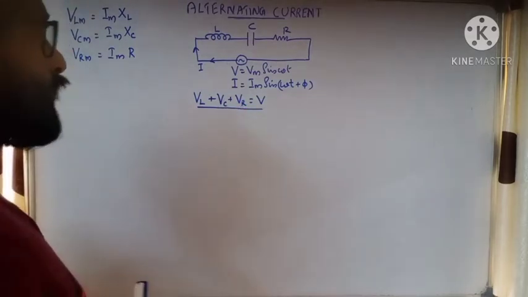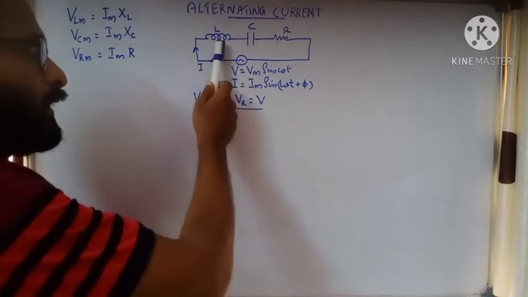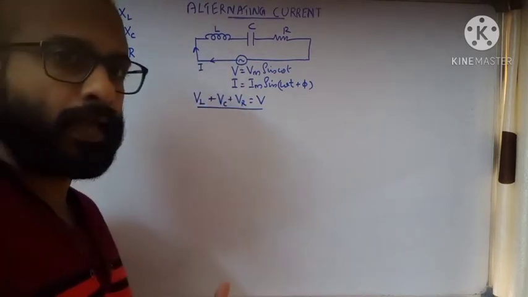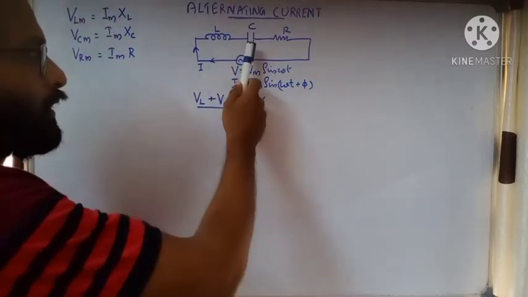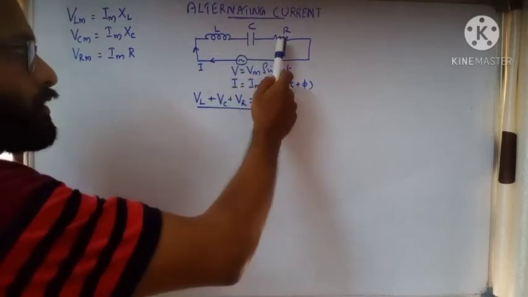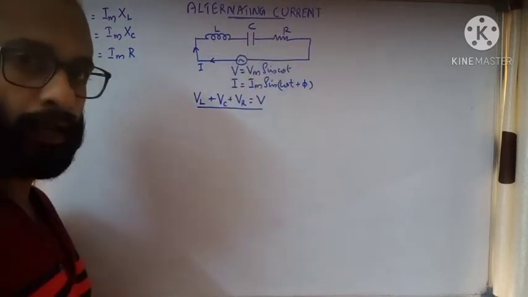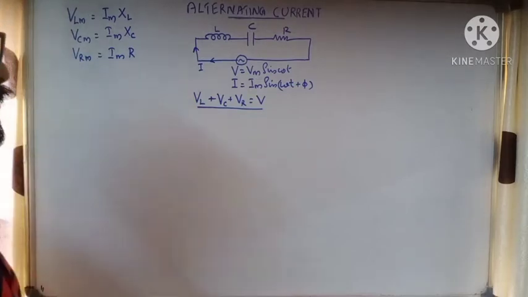Now we see the phase relationship. When alternating current is flowing through an inductor, the current is lagging behind the voltage by an angle pi by 2. In a capacitor, the current is leading by pi by 2. In a resistor, the current and voltage are in phase. Now we will see the phase relationships one by one.